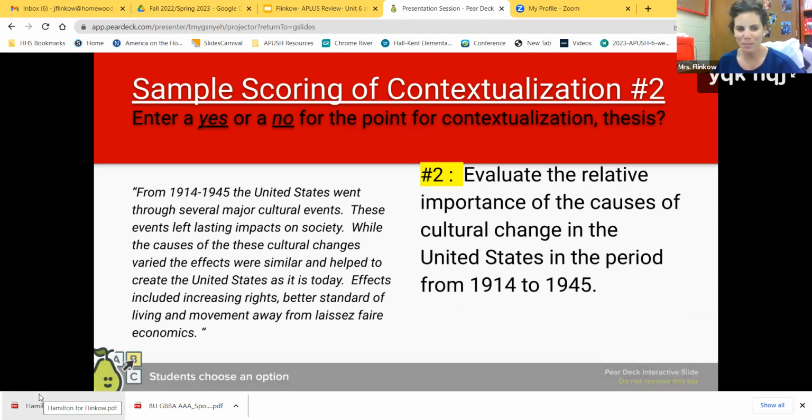All right, good job. All of you, or the majority of you, said no. It's too vague, okay? There's nothing broad, there's nothing specific in it. It doesn't give us enough information.